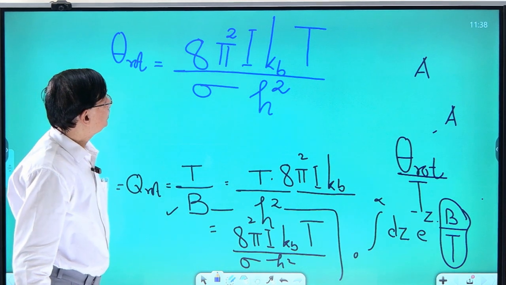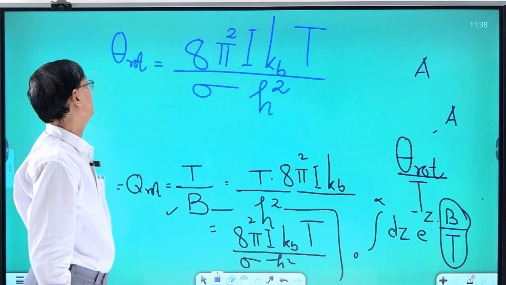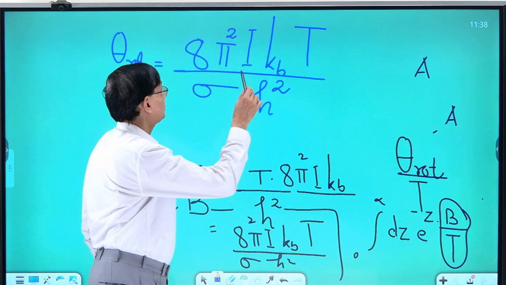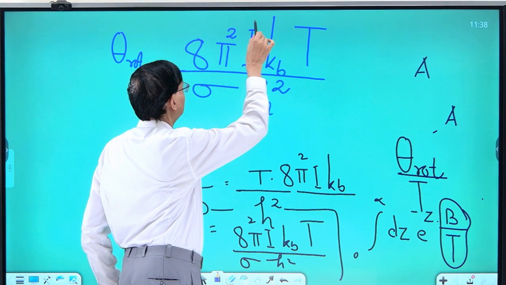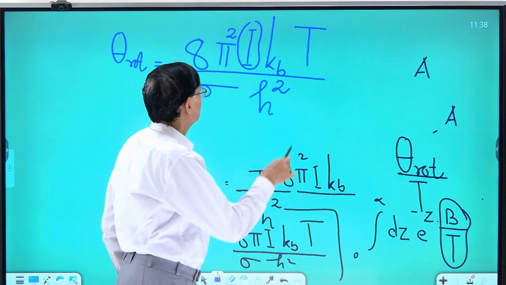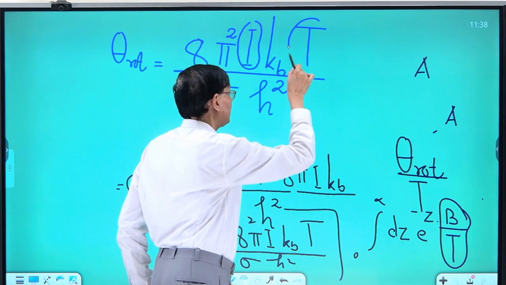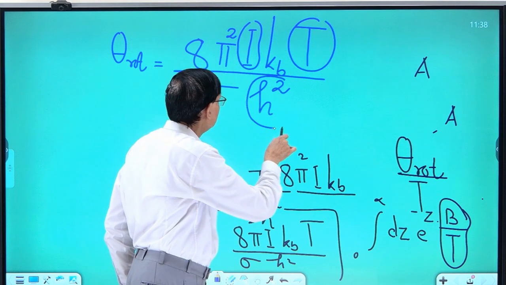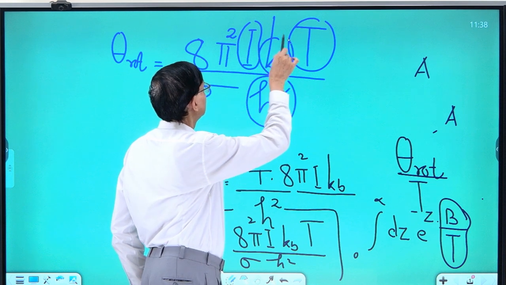So, in order to calculate the rotational partition function, we have to substitute the value of moment of inertia at a particular temperature, suppose 300 K, Planck constant as well as the Boltzmann constant.